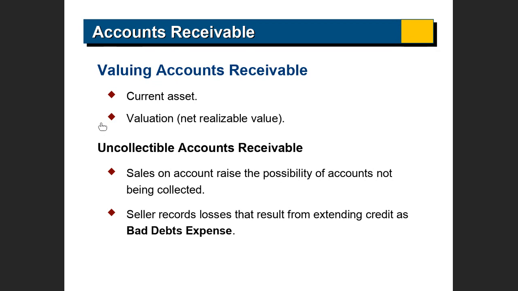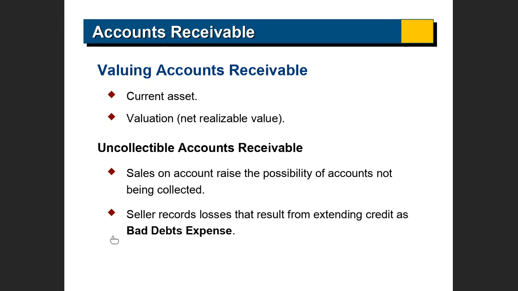Either they went out of business, or they don't have money, or their business is slow. For whatever reason, they're not going to pay. And uncollectible accounts receivable is a big account to discuss. So sales on account raise the possibility of accounts not being collected. The seller records losses that result from extending credit as bad debt expense.